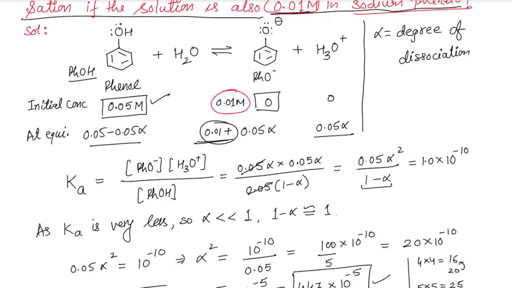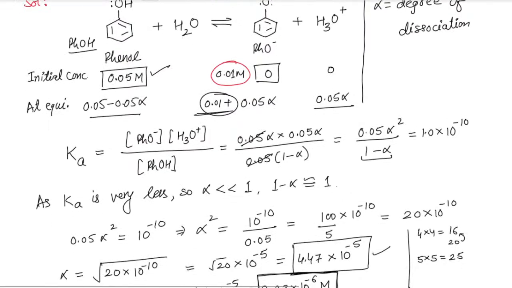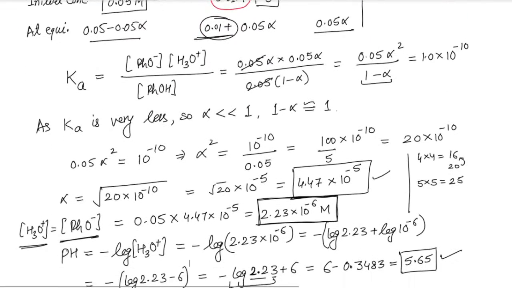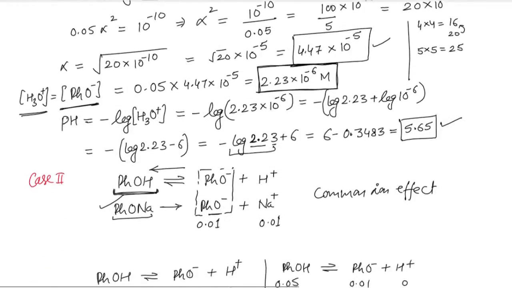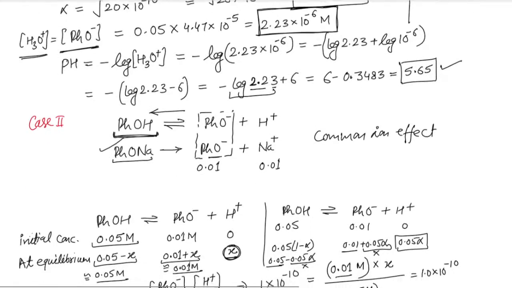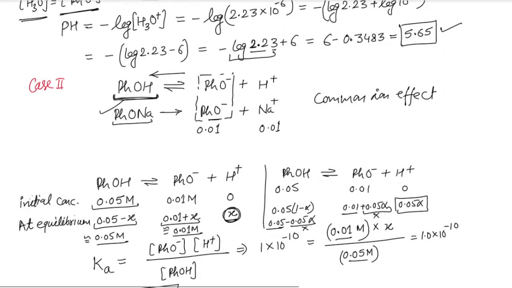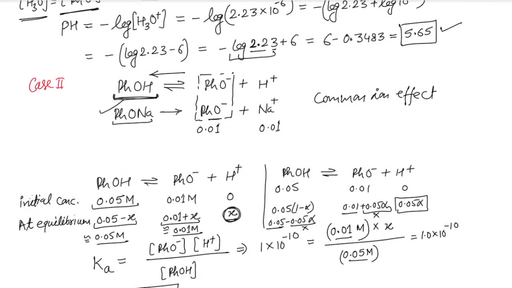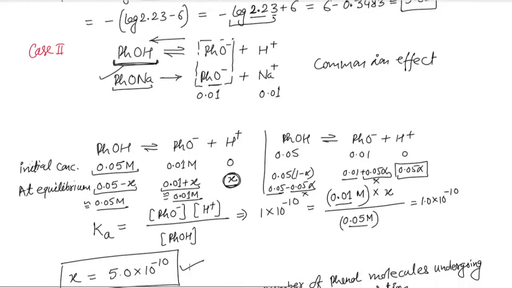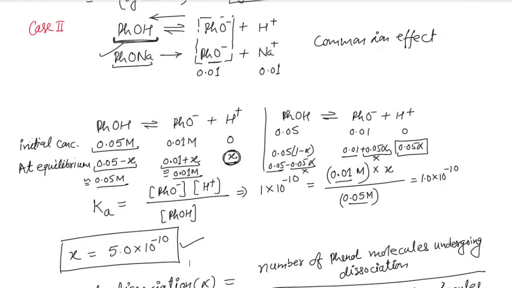Got it? Only the difference lies in that part. Because of the presence of the common ion, dissociation is further suppressed to maintain the value of Ka as 10 raised to power minus 10. And because of the presence of 0.01, this x part is neglected.